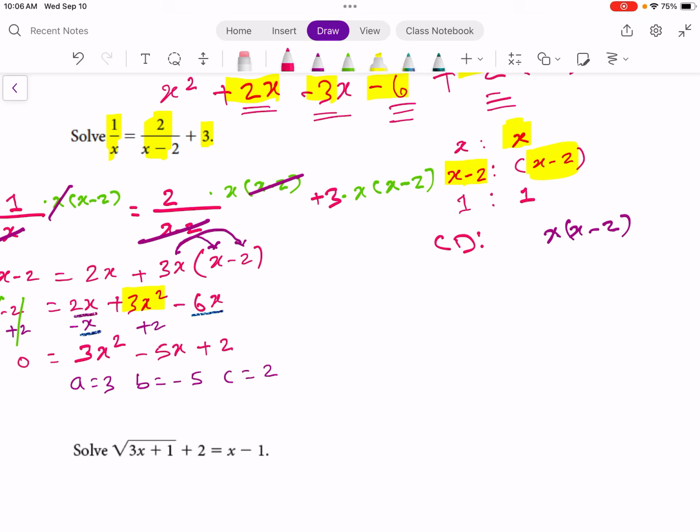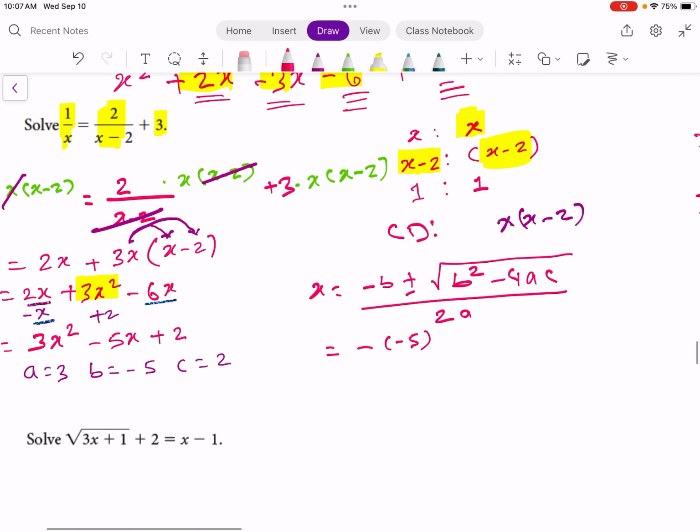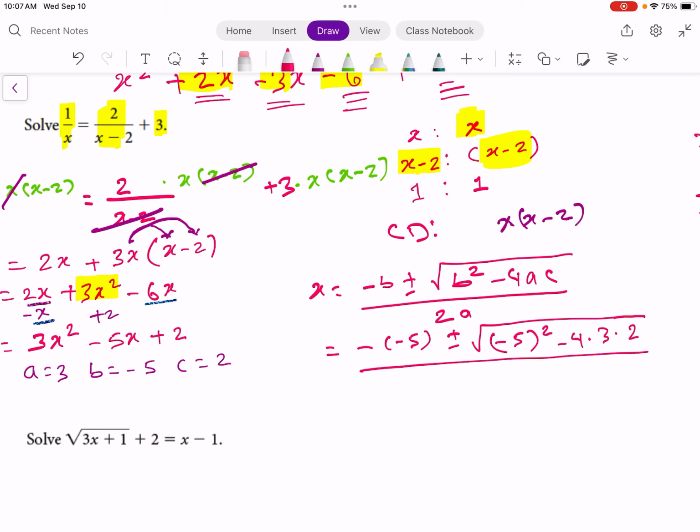Our formula is negative b plus or minus the square root of b squared minus 4ac, divided by 2a. So we have negative, and our b is negative 5, so make sure to use parentheses, plus or minus the square root of negative 5 squared minus 4 times a, which is 3, times c, which is 2, divided by 2 times a, which is 3.